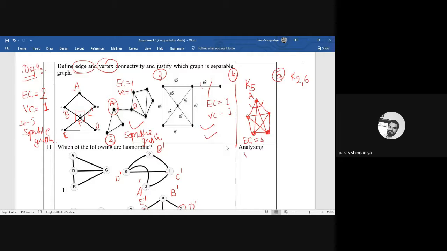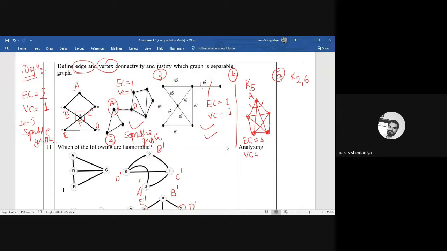Now what is the vertex connectivity? For a complete graph, vertex connectivity was already checked during the lecture. Is it possible or not? It's not possible.